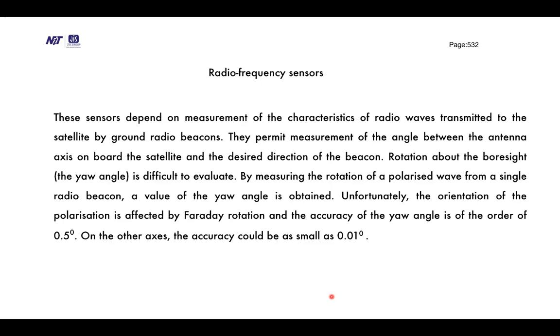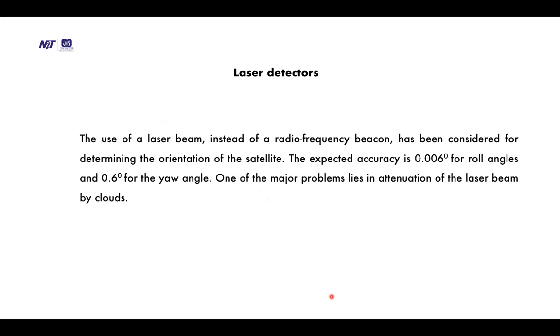By measuring the rotation of a polarized wave from a single radiation beacon, a value of the yaw angle is obtained. Unfortunately, the orientation of the polarization is affected by Faraday rotation and the accuracy of the yaw angle is of the order of 0.5 degree. On other axes, the accuracy could be as small as 0.01 degree.